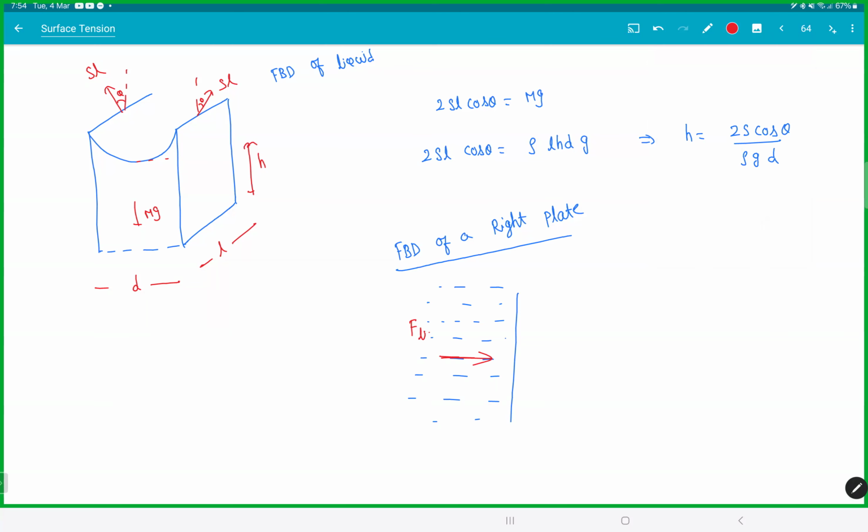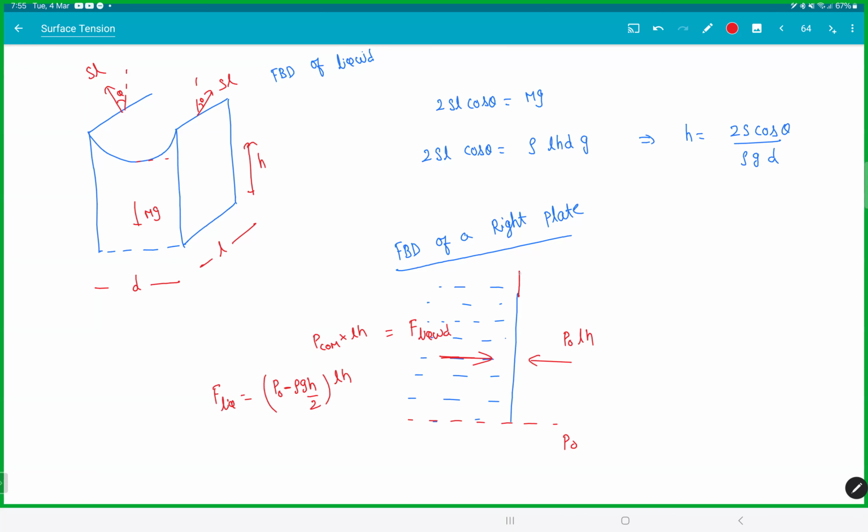This is the force due to the liquid, which is pressure of center of mass into L into height. Now we know at the base level, the pressure is P naught. So here the pressure at the center of mass will be P naught minus rho g h by 2, into Lh. That's the force due to the liquid. From outside, the atmosphere is pushing it, which is P naught into Lh.